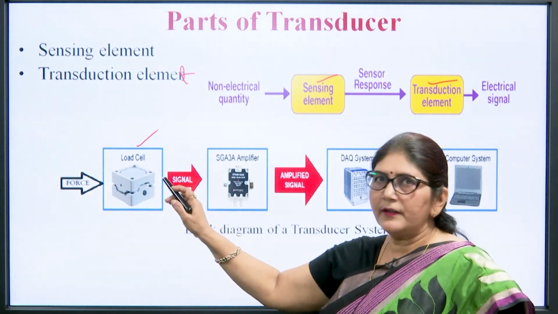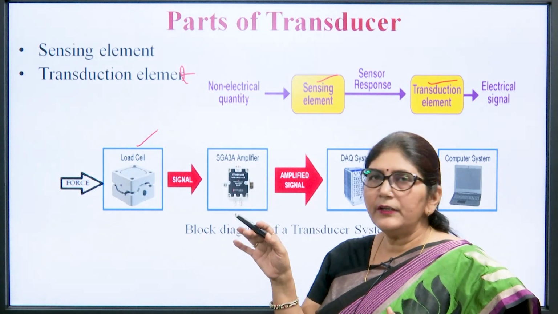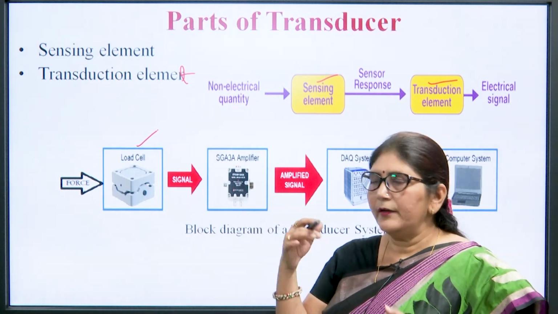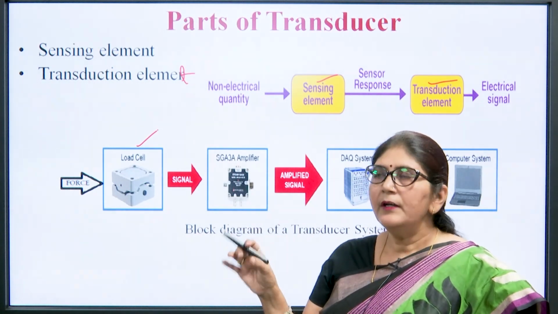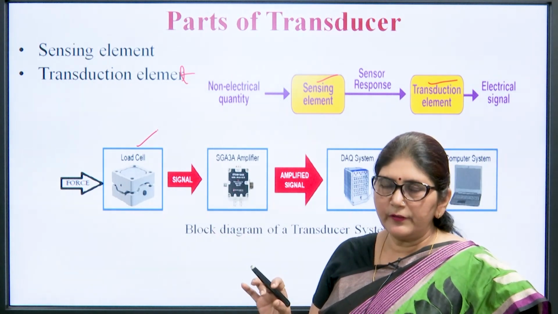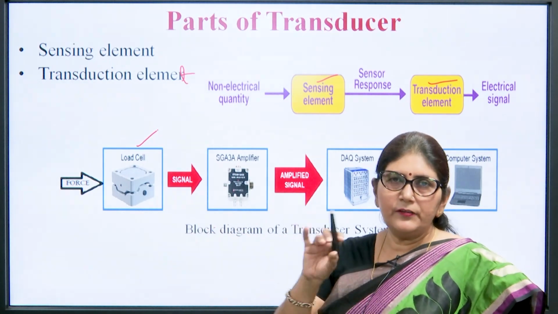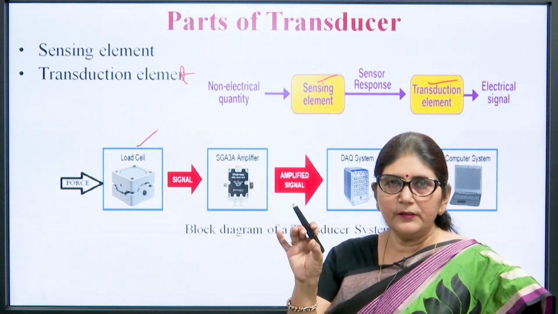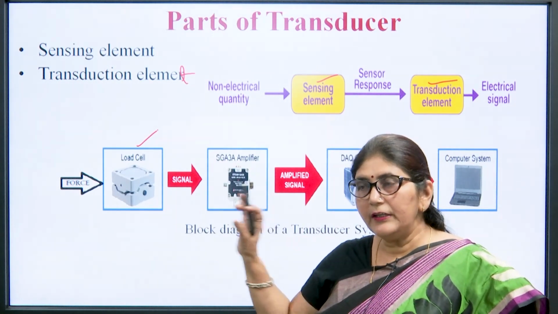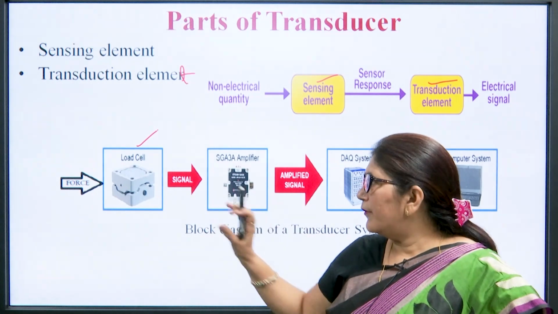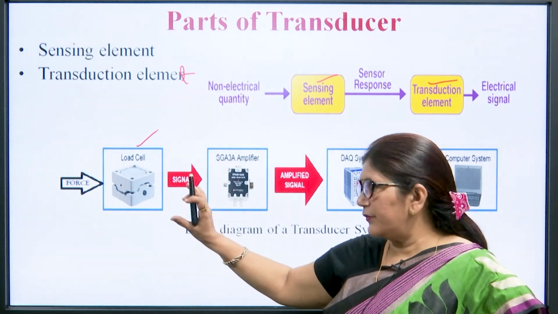Suppose we are using it in the Wheatstone bridge and we make a balance condition, then we apply the force on the load cell. There is a change in resistance, and because of the change in resistance there is a change in the output of the bridge circuit.